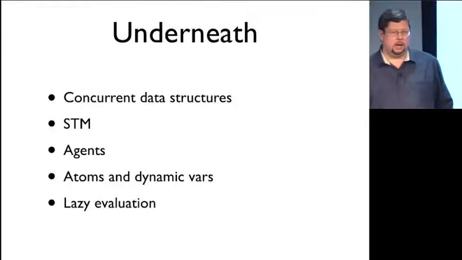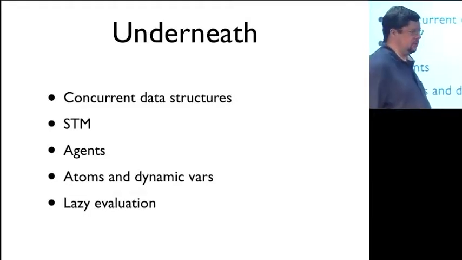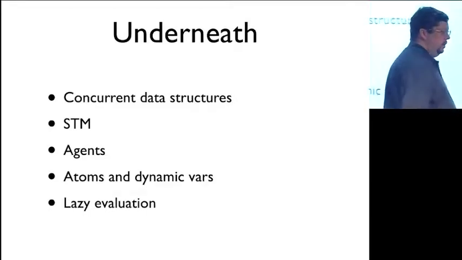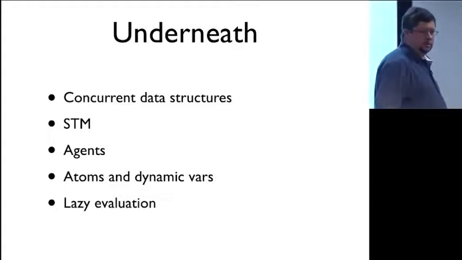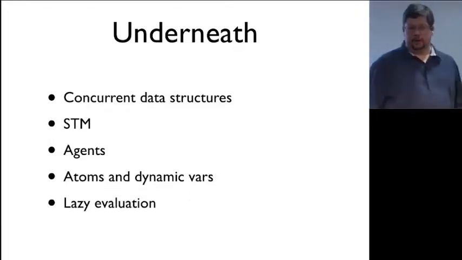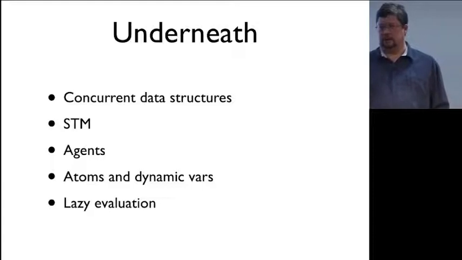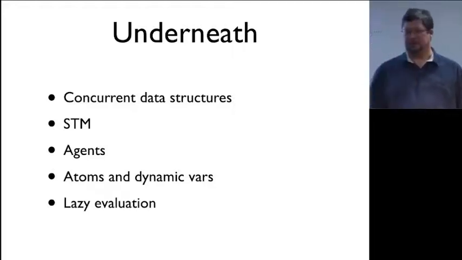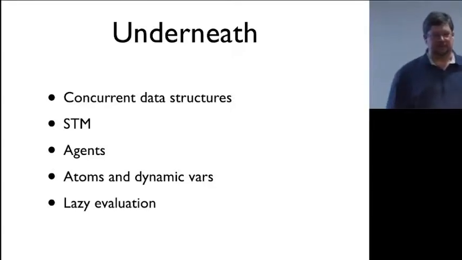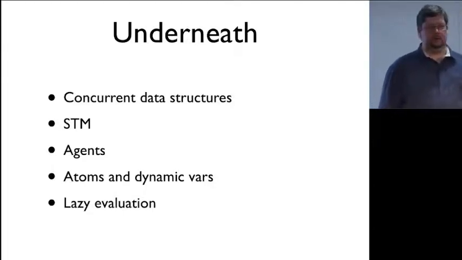Underneath the covers, the most interesting part of Clojure to me is the concurrent data structures. Unlike traditional Lisps, which allowed you to write functional programs, but also allowed you to write procedural programs or basically anything else you wanted to do, Clojure really tries to encourage you to write functional programs using pure functions and immutable data.